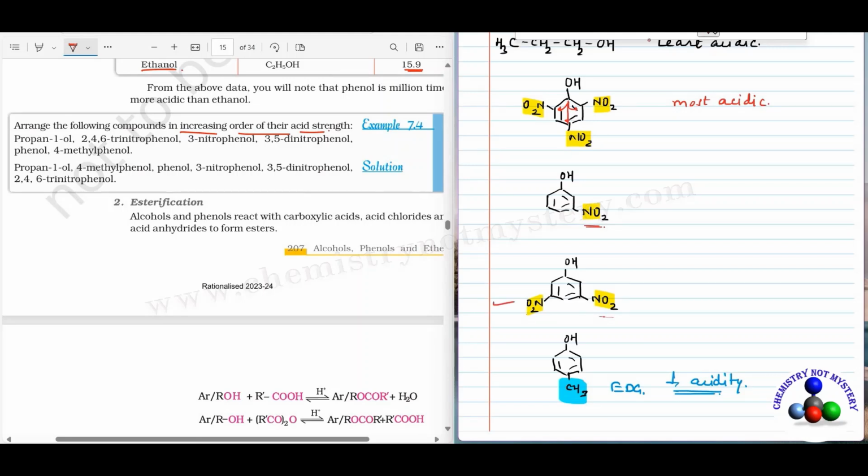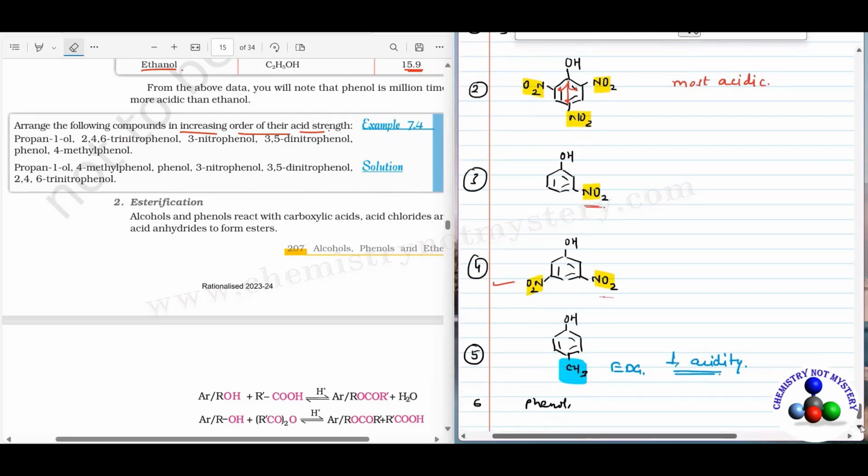So these 2 electron withdrawing groups will make phenol more acidic as compared to just 1 electron withdrawing group bonded to phenol. So let's number it. This is 1, 2, 3, this is 4th, this is 5th, and phenol will be the 6th one.